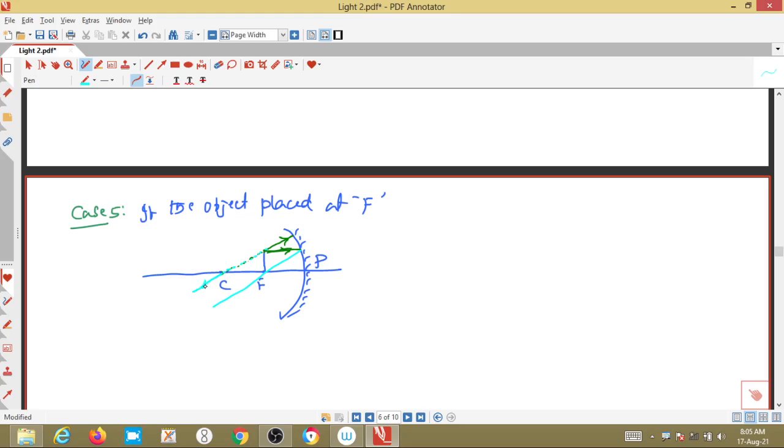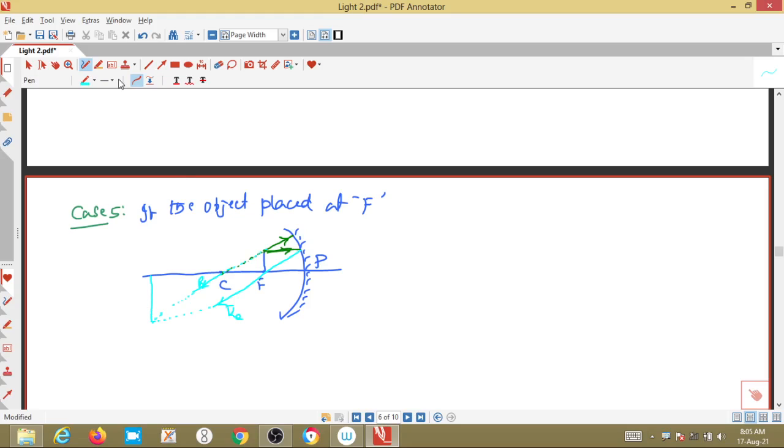Now these are the reflected rays. They are moving backward but not coinciding, but they will coincide at a certain point far away from the mirror. Somewhere they are meeting, so there we get the image formation.